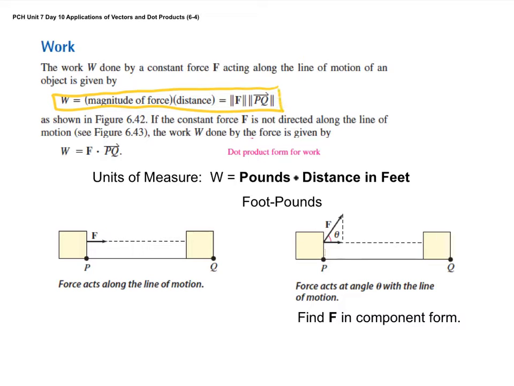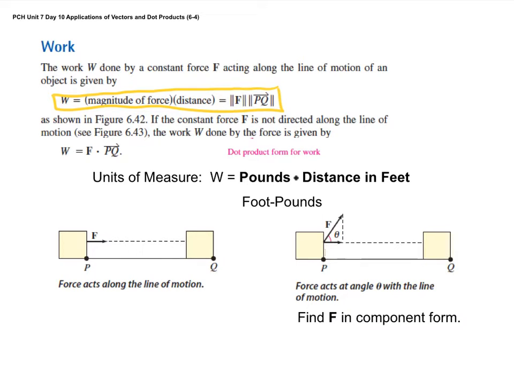Now, this formula that you see, magnitude of the force times the magnitude of PQ. That PQ is what's known as our displacement vector. You can see down here in the pictures, we're moving from P to Q. So that's our displacement vector.